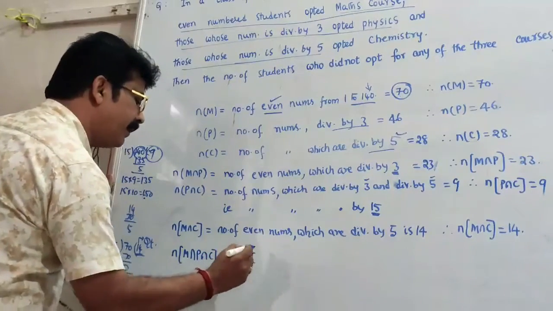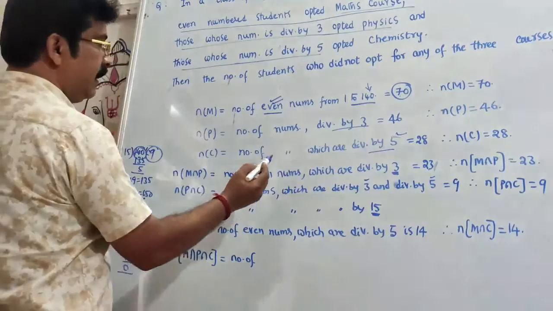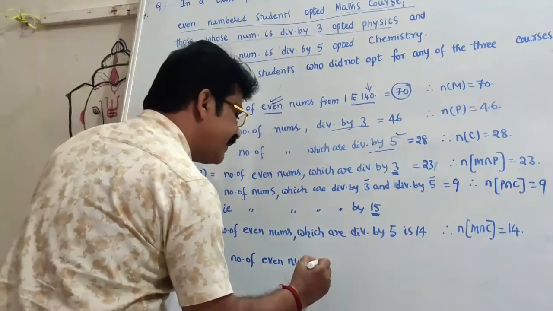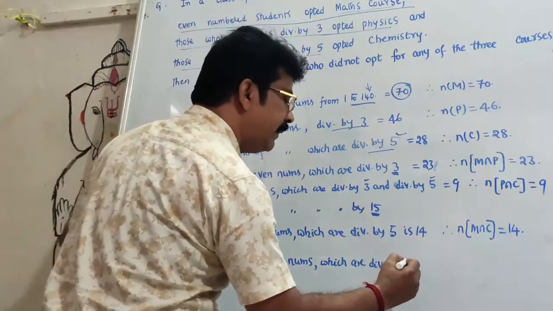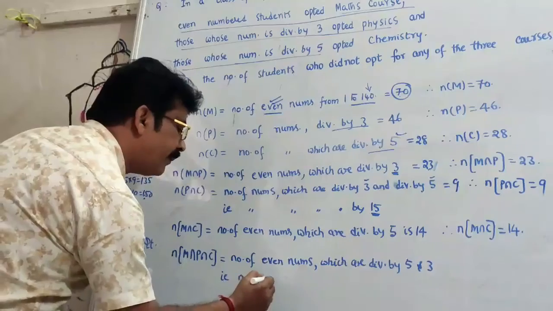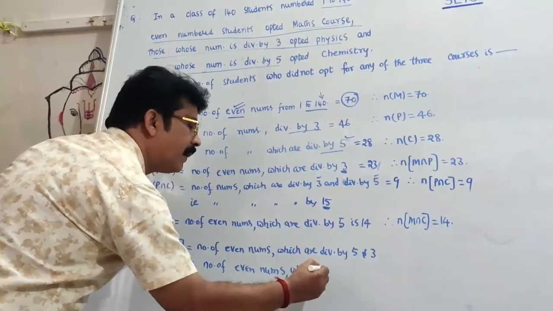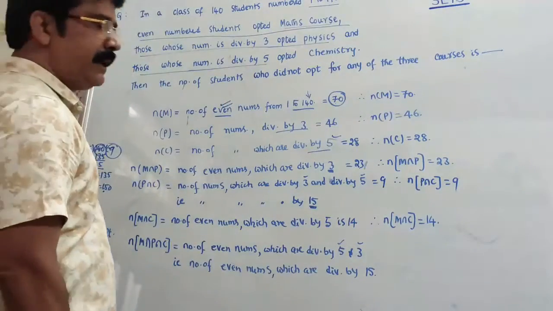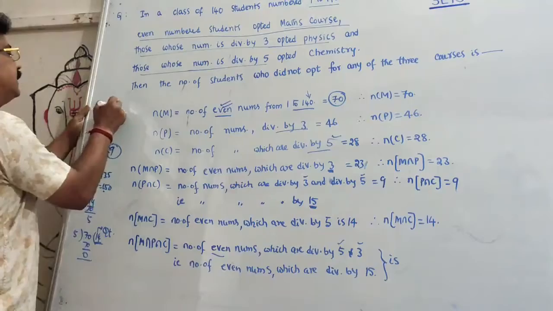The number of even numbers which are divisible by 5 and 3, that is, the number of even numbers which are divisible by the LCM of 5 and 3, which is 15. Take the even numbers, 70.